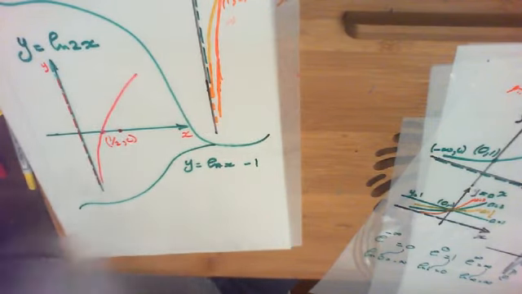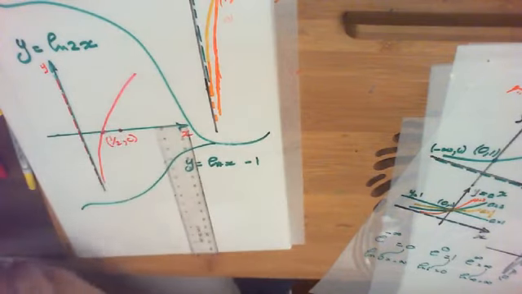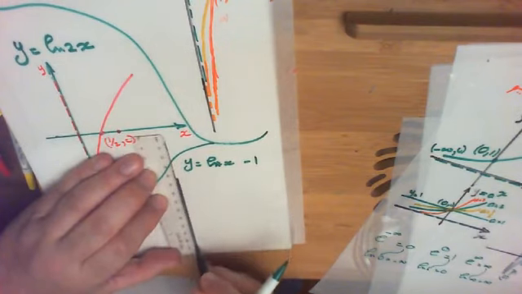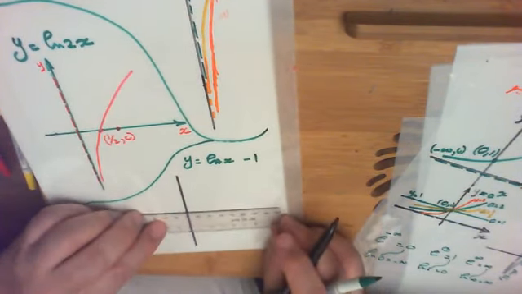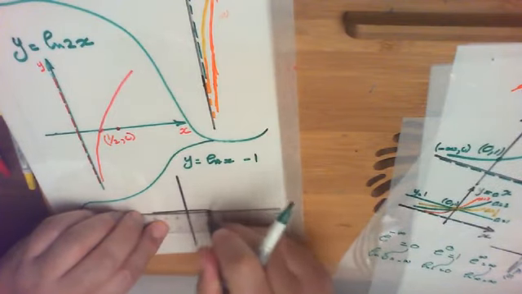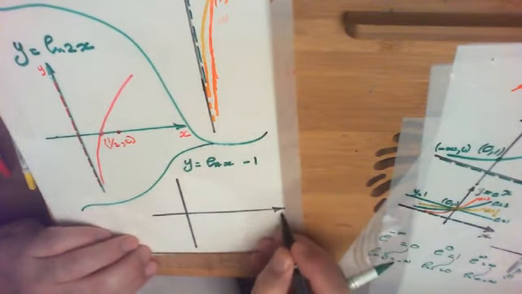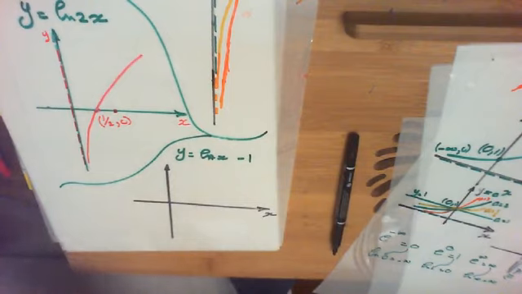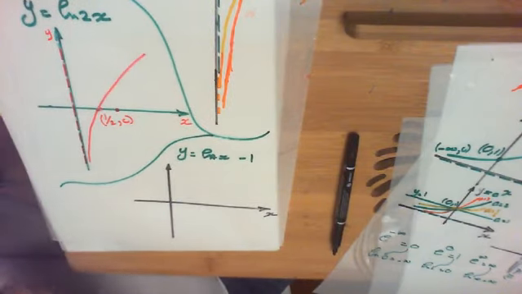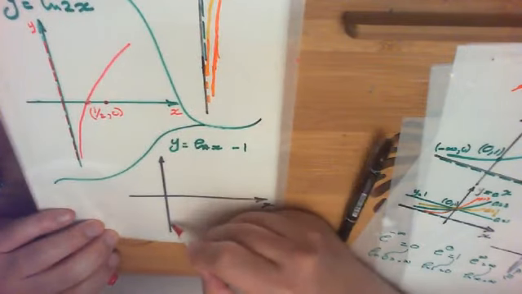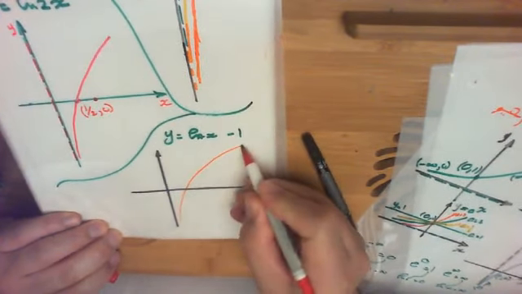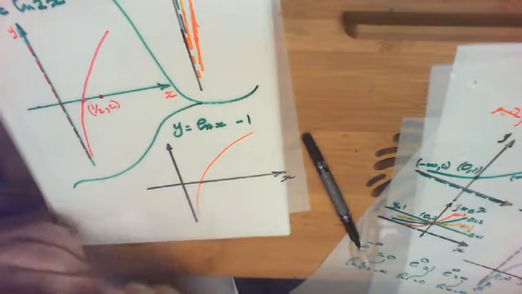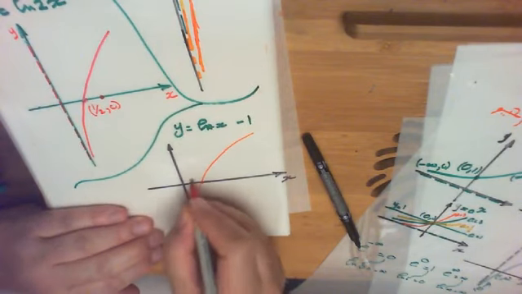Okay, so if the original curve was like this, this is, as you remember, 1, 0.